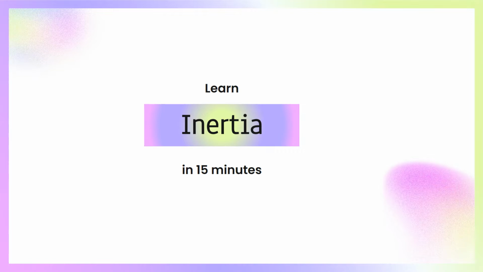Today we are going to learn about inertia in 15 minutes. Now let's look at the objective. What are the objectives that we are going to obtain from this topic? The first objective is by the end of the lesson, you are able to explain with examples the concept of inertia.